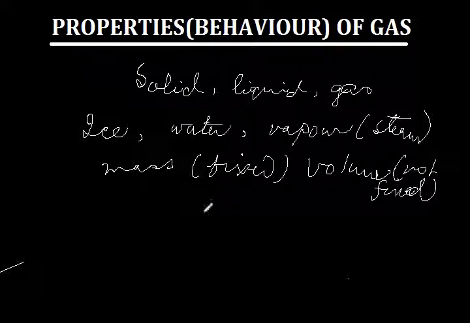So on which factors does the volume of a gas depend? If a certain mass of gas is kept in a container, it will get the volume of the container. Say this is a container. There is a fixed mass of gas, and the gas will get the shape and volume of this container.